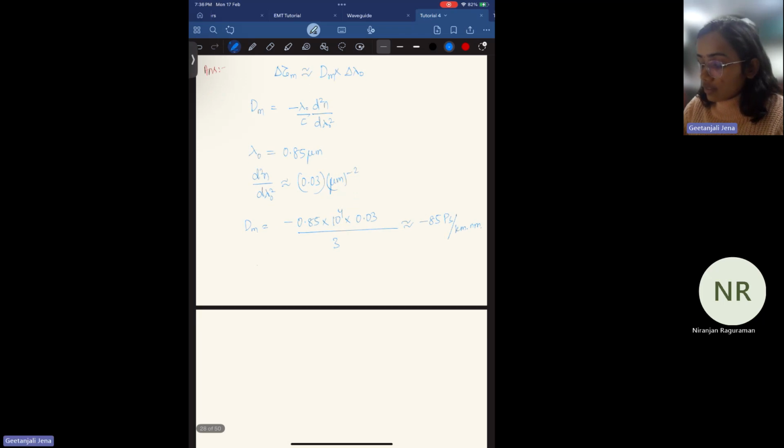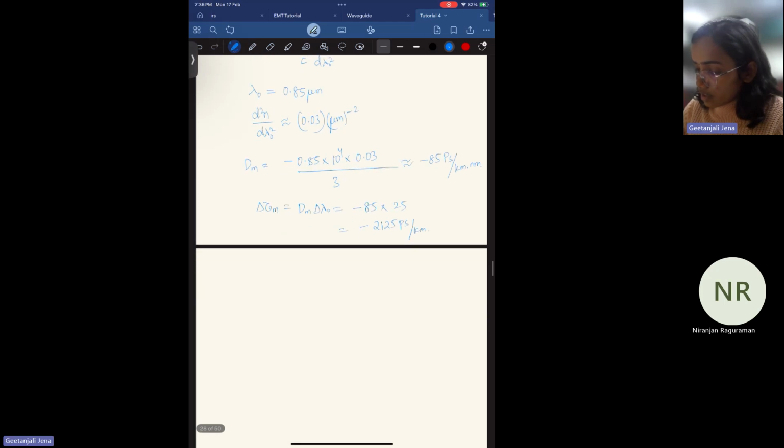So the broadening due to the material dispersion will be Dm times delta lambda 0, which is minus 85 into 25. This will give minus 2125 picosecond per kilometer, which is nothing but minus 2.1 nanosecond per kilometer.